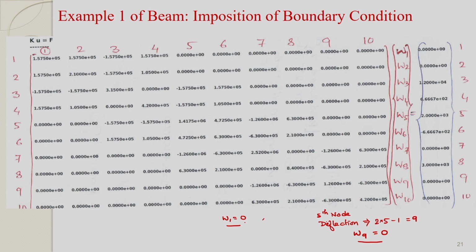Now, here W1 is 0 and W9 is 0. So, the first row and first column will be eliminated. So, we strike out the first row and first column. Similarly, the 9th row and 9th column will be eliminated.